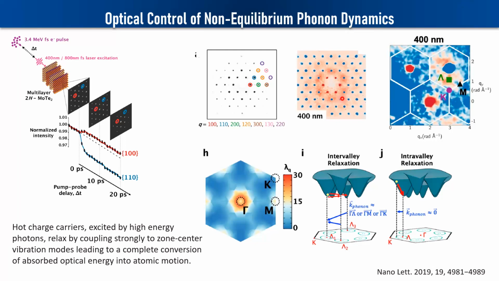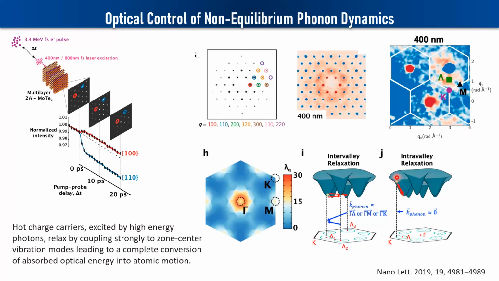This was kind of interesting, and what we have seen is that there are two different relaxation mechanisms for these carriers. If you're exciting with higher energy photons, then you have a large amount of hot carriers, and these hot carriers excited by the high energy photons relax by coupling strongly to the zone center vibration modes.